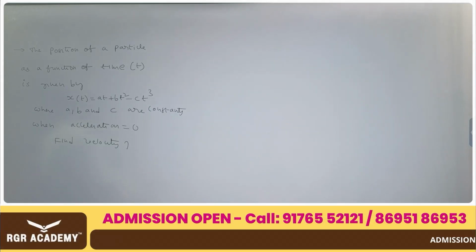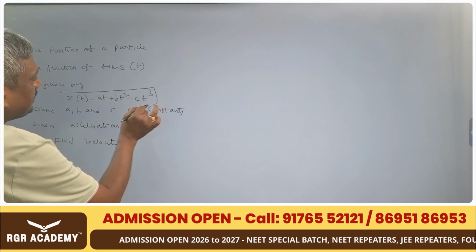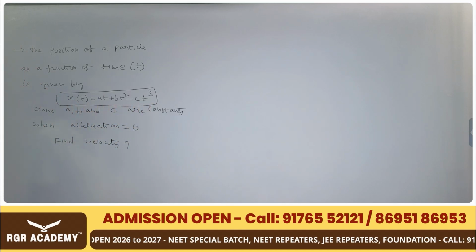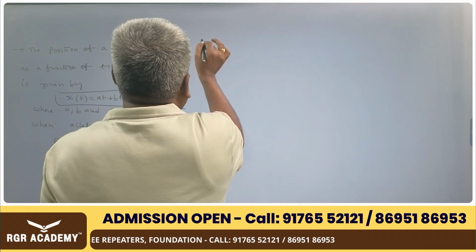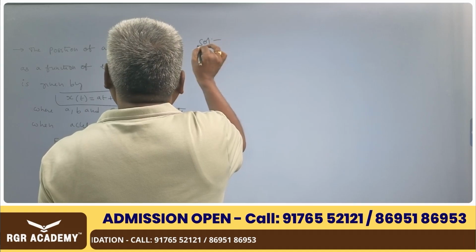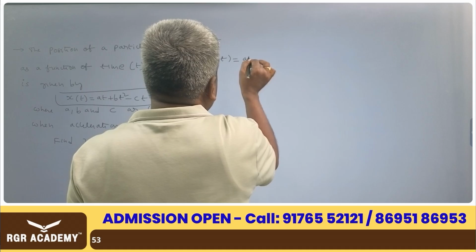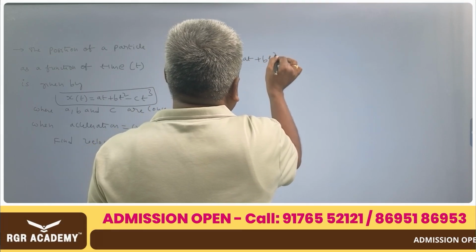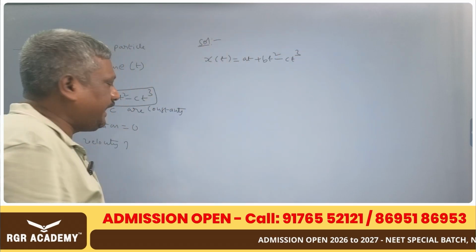Same differentiation concept, but how can you apply it? Here, one expression is given like this. The position of a particle is given. That is, x of t is given like this: at plus bt square minus ct cube.